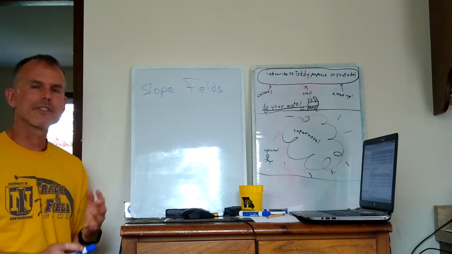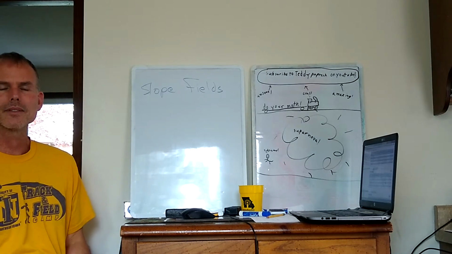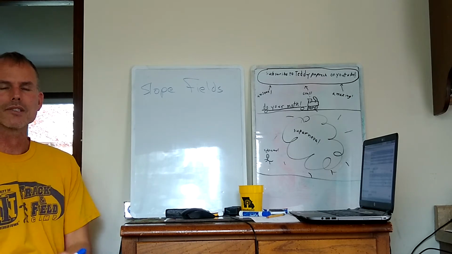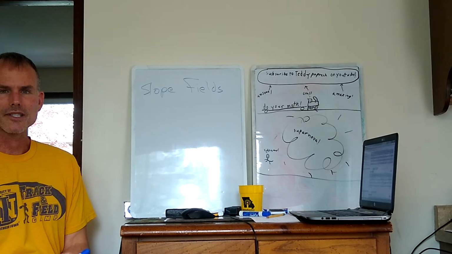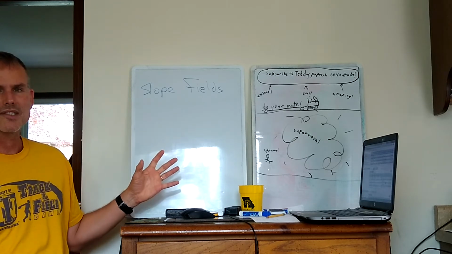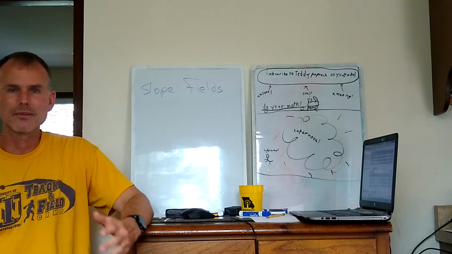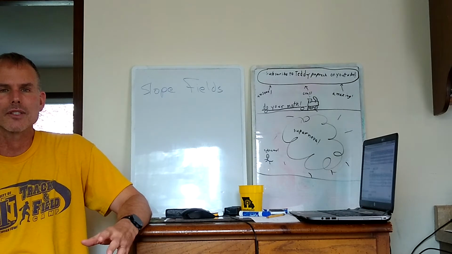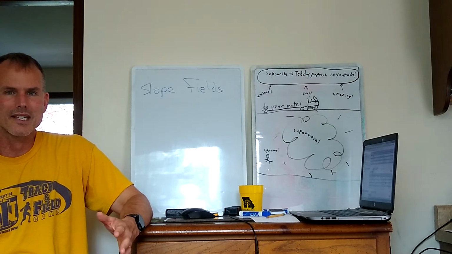So what is a slope field? Let me just briefly tell you. A slope field is a graphical representation of a general solution to a differential equation. In a recent video, we talked about what a differential equation was, what a general solution to a differential equation is, as well as what a particular solution is.